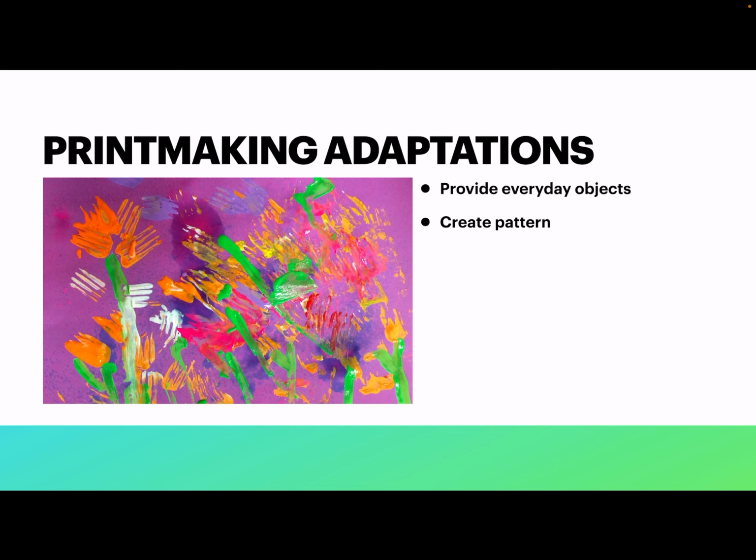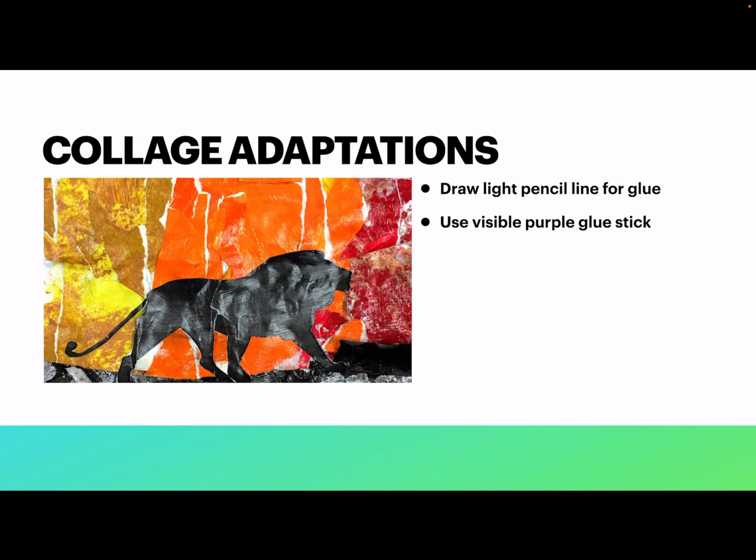For collage, drawing a light pencil line for glue for the students to follow, and using a visible purple glue stick so students know where they've applied glue are both adaptations for collage.